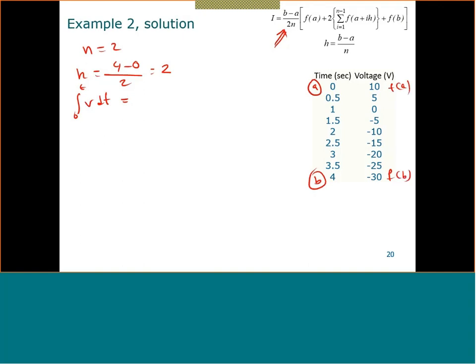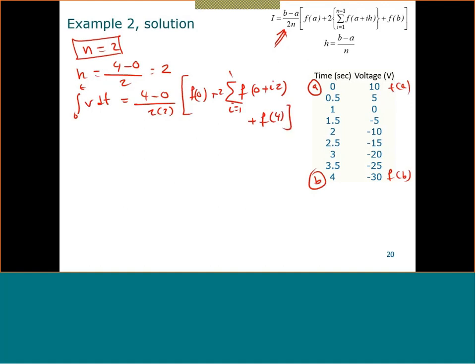So this becomes b minus a, which is again 4 minus 0, divided by 2n. This is your n, so this is 2 times 2, f of 0 plus 2 times the summation, i goes from 1 to n minus 1, n is 2, so to 1, of f of a plus i times h. h is 2. Plus f of 4.